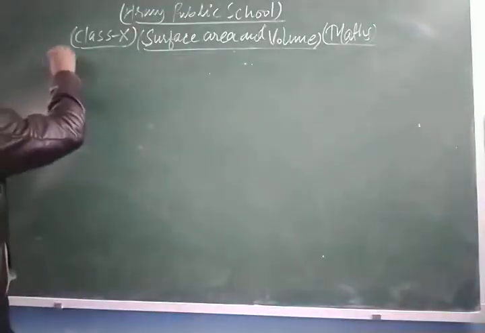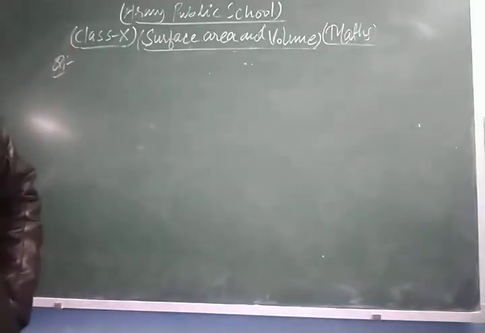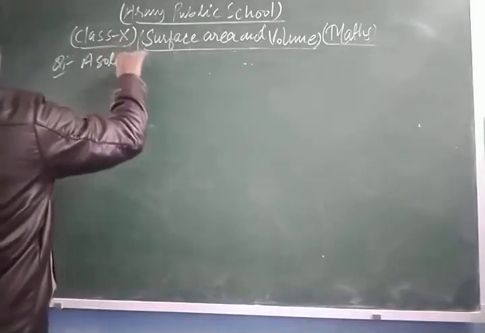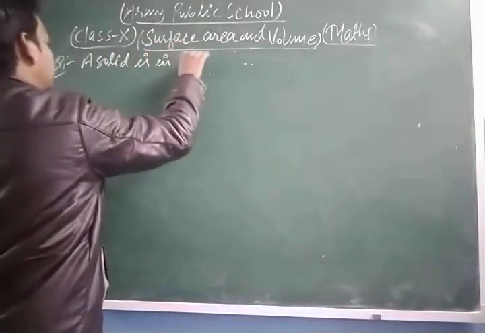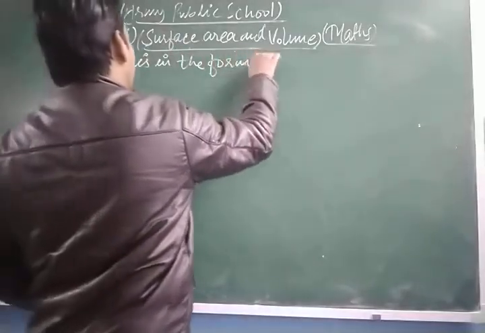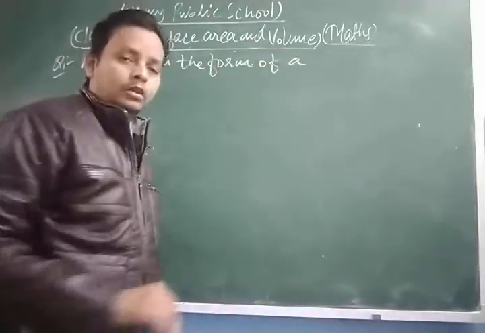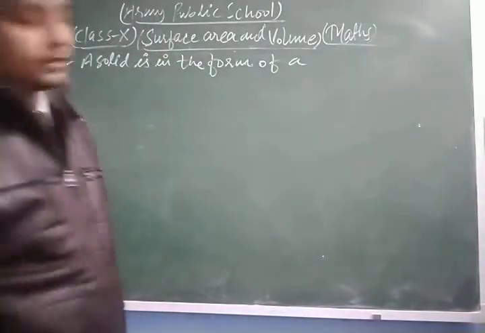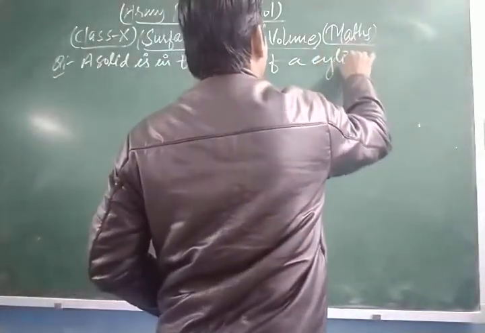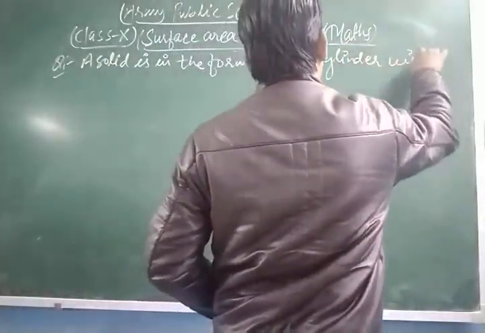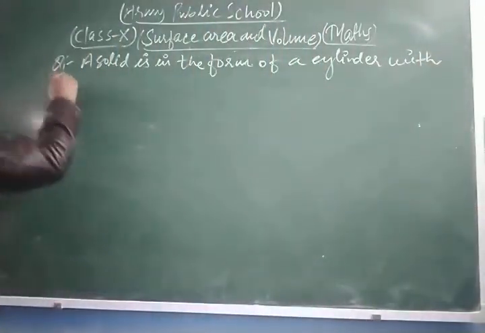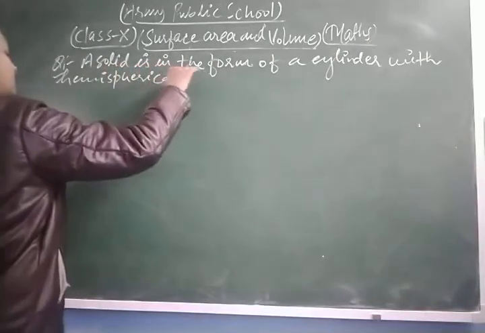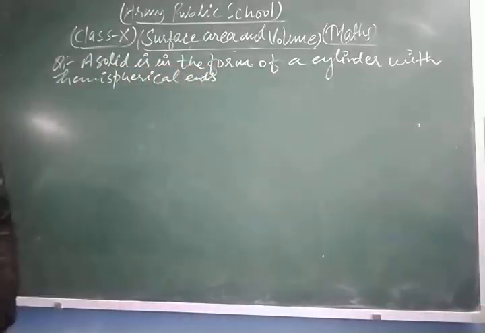Take a very important question of this chapter. The question is: a solid is in the form of a cylinder with hemispherical ends.